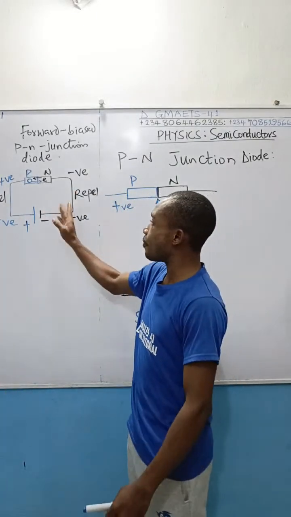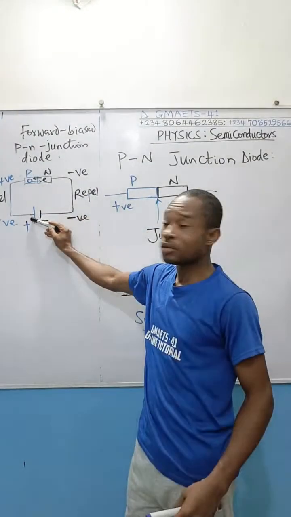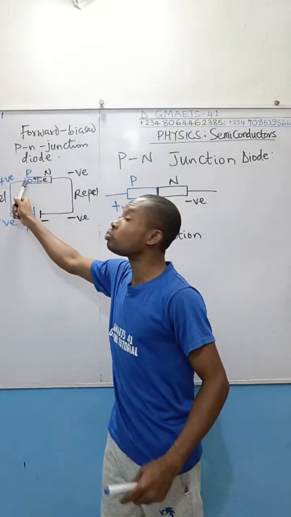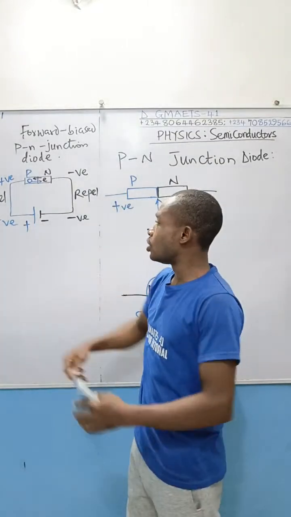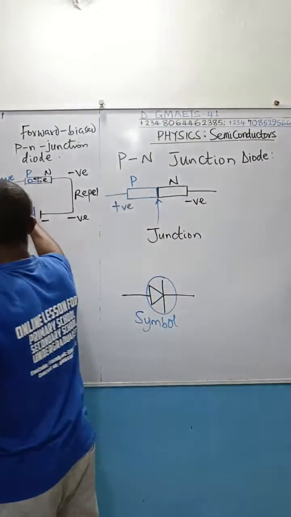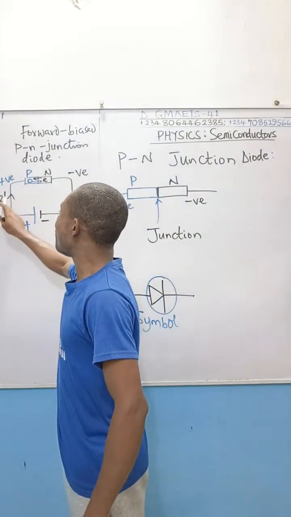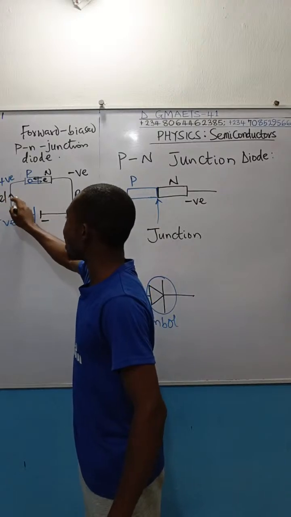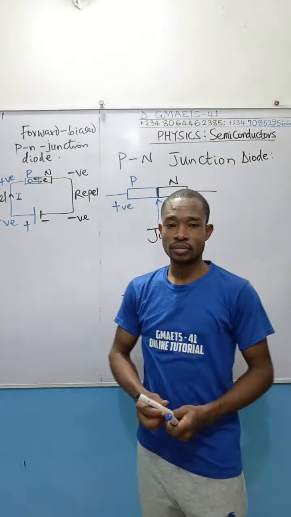Electrons are moving towards the positive terminal, and positive charges are moving towards the negative terminal, which will allow current to flow. It will allow a very large current. So let me label here as I, which is current. Current will now be flowing.